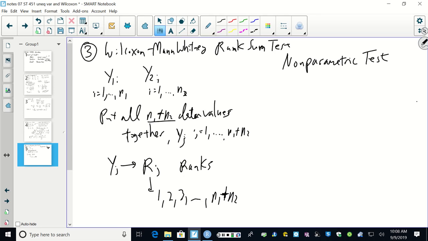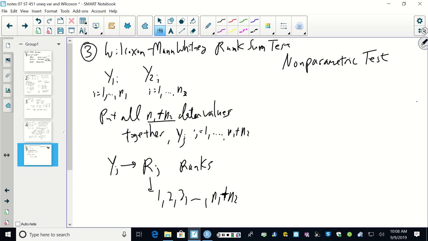The aspect of ranks is that no matter what the distribution was, if you have N1 plus N2 data values, you always have the same ranks. There are no outliers. In some cases there might be ties, and that is part of the discussion you'll see if you look online or in other textbooks about how to evaluate these things with ranks, but that's just a side point.